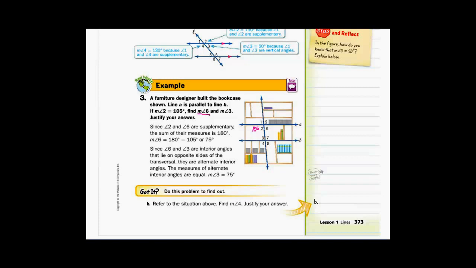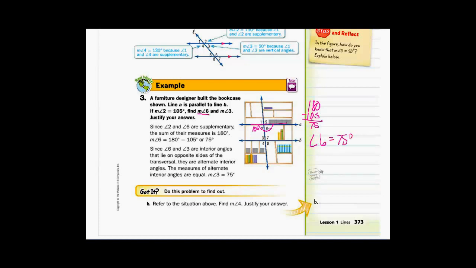So, measure of angle 6, angle 2 and angle 6 form that straight line right there, right? That's part of it. Angle 6 will give you the rest of it. So if I know that there are 180 degrees in a straight line, I should be able to take 180 minus 105 and get 75. So angle 6 equals 75 degrees.